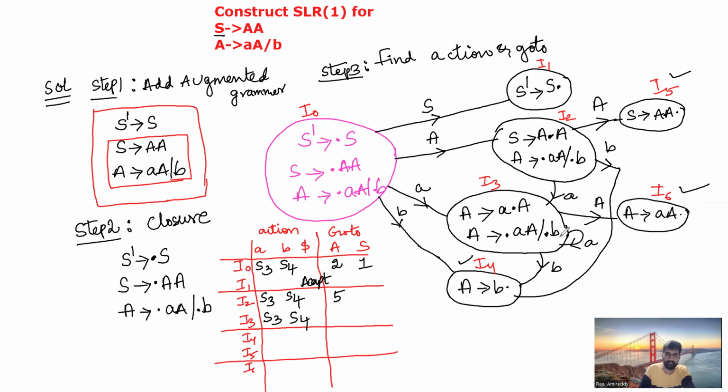Now what we have to do, I want to use this. So I4. I4's value is A tends to B dot.